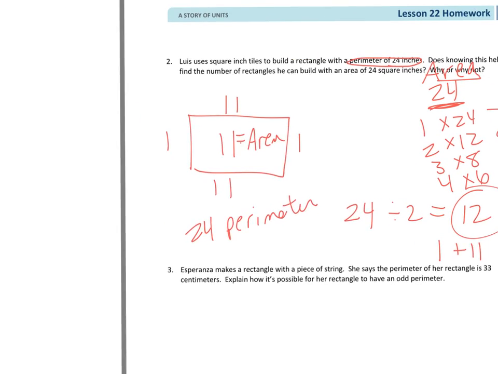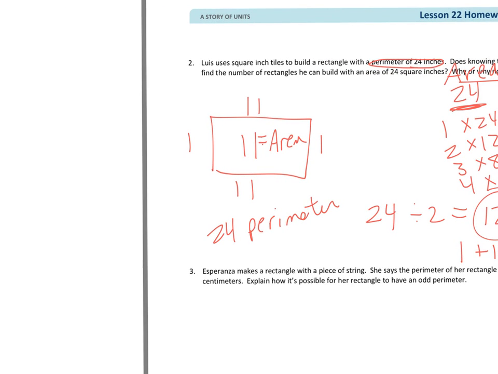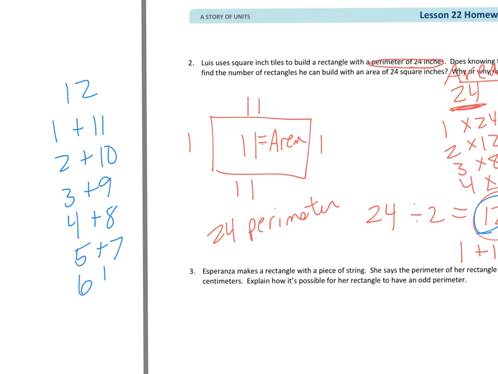If we look at what ones will make perimeter of 24, we just need to find all the ones that are going to make 12. The addition statements. So 1 plus 11, 2 plus 10, 3 plus 9, 4 plus 8, 5 plus 7, and 6 plus 6. This one has 1, 2, 3, 4, 5, 6 different options to get us a perimeter of 24.